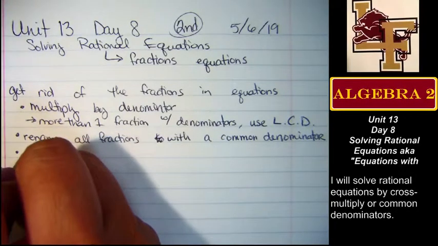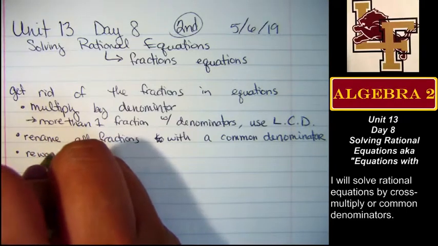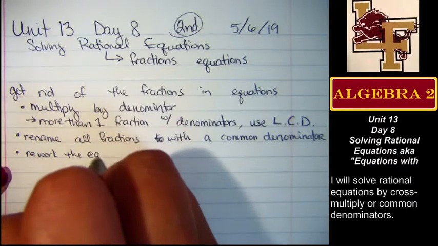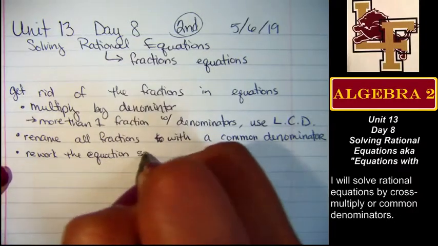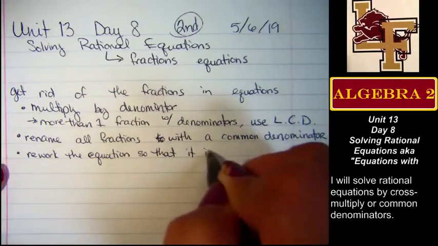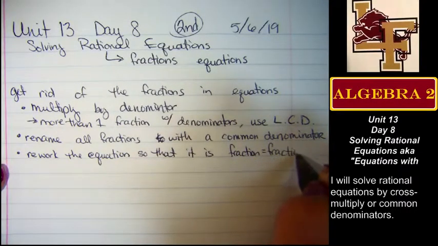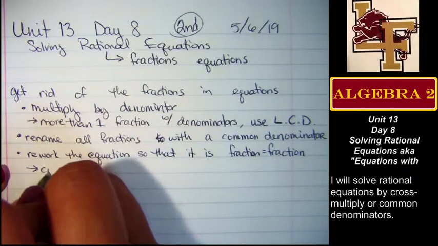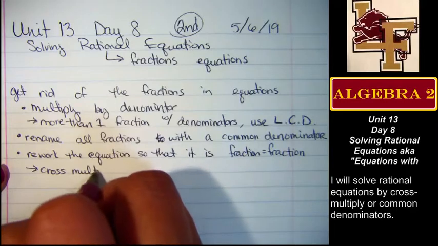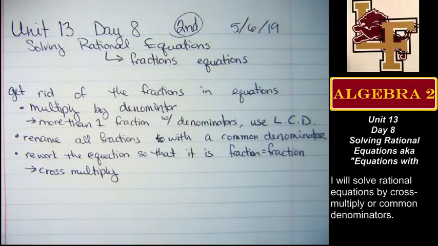The final one is rework the equation, doing whatever you need to do so that it is 1 fraction equals 1 fraction. Because after that, you cross multiply. So if it's a bunch of stuff equals a bunch of stuff and you've got some fractions in the stuff, take each side, do whatever you've got to do so that it becomes 1 fraction. Do that to each side. Cross multiply, you're done.